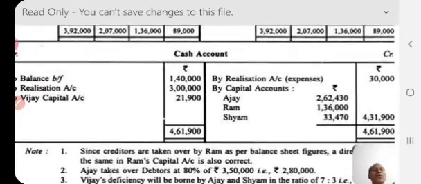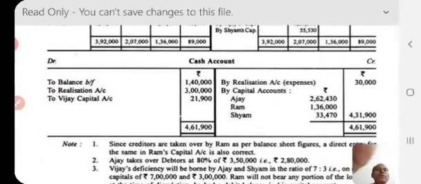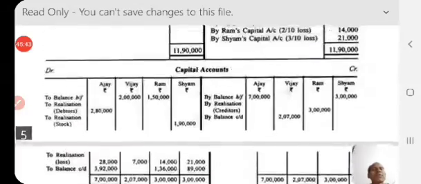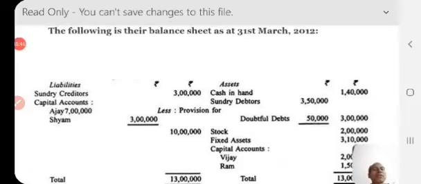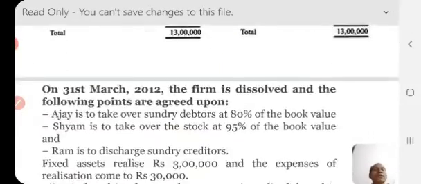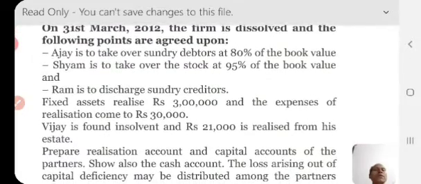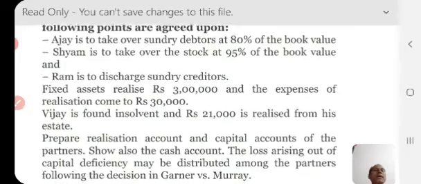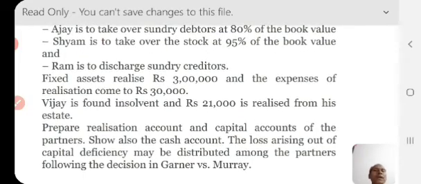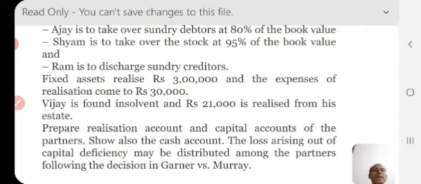So I think from the beginning we have to see once again. These are the balance sheet. This is the problem. These are the adjustments. 80% of debtors is taken by Ajay. Sham takes 95% of stock.